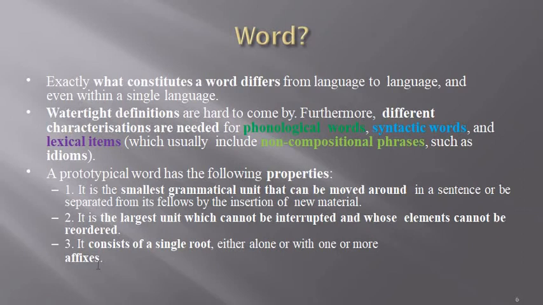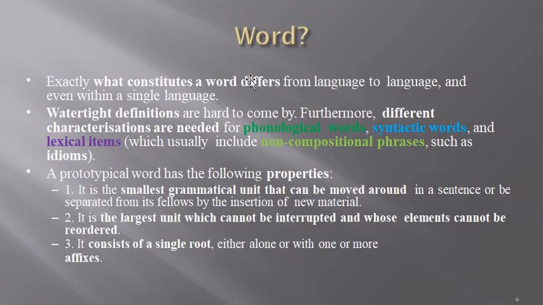I'm sure you must be aware of affixes, prefixes, and the root of the word. So it has been defined from these three properties. Anything which fulfills these three properties can be called a word: the smallest grammatical unit, and the largest unit which cannot be interrupted and whose elements cannot be reordered.